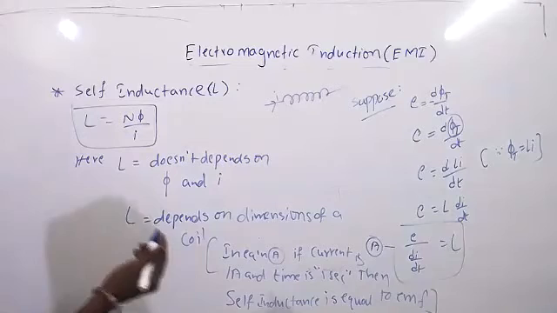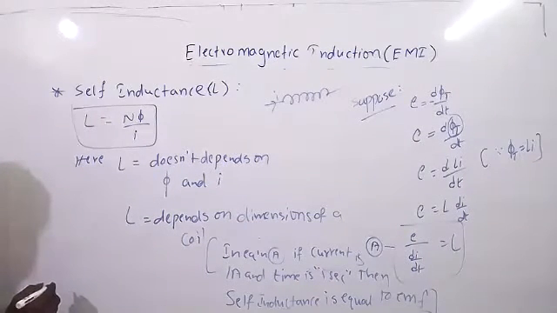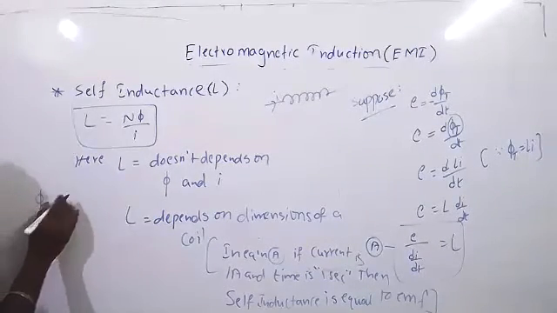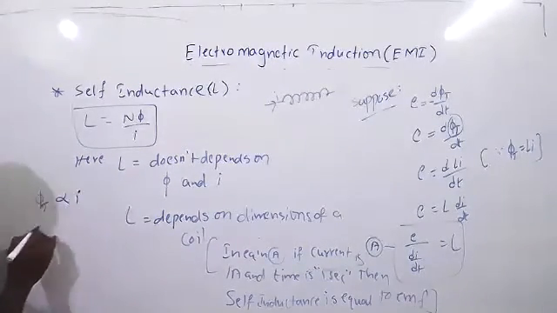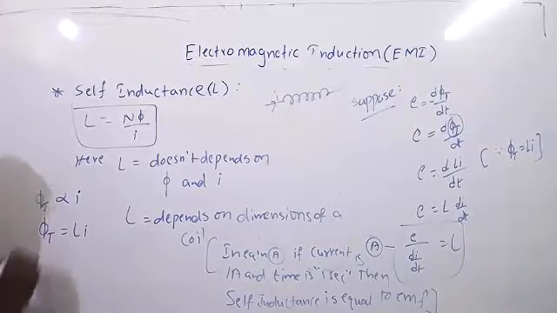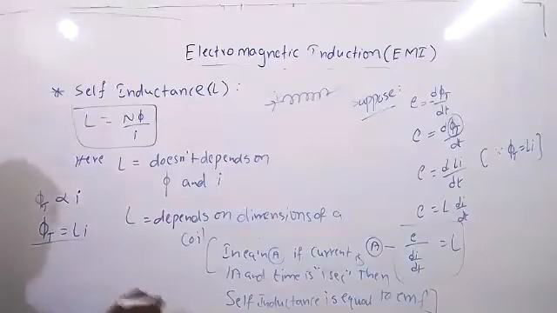Yes, phi total equal to LI. We have to take that, because phi total is directly proportional to I, we have written. From that, phi total equal to LI. This L is the self inductance.